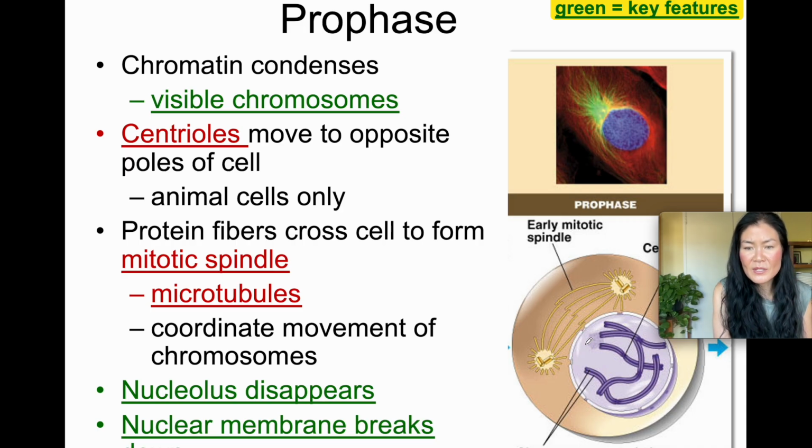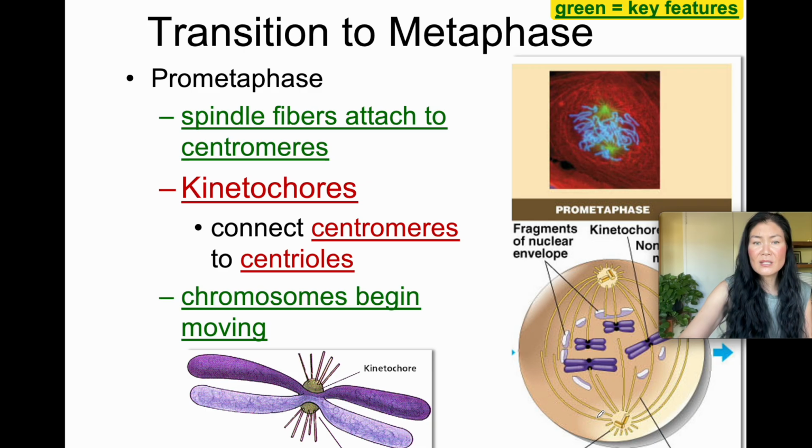You will also see the nucleolus disappear, and then you're going to start to see the nuclear membrane break down, and you can really see that in prometaphase. This is prometaphase. The nuclear envelope is now nearly gone, okay?